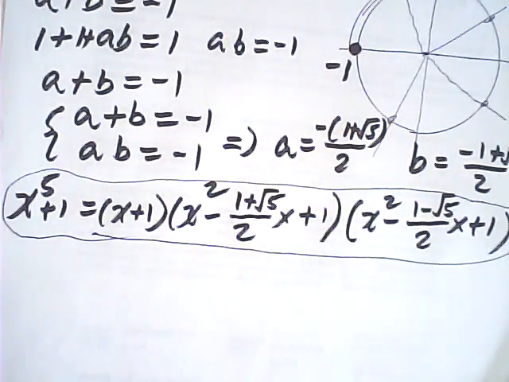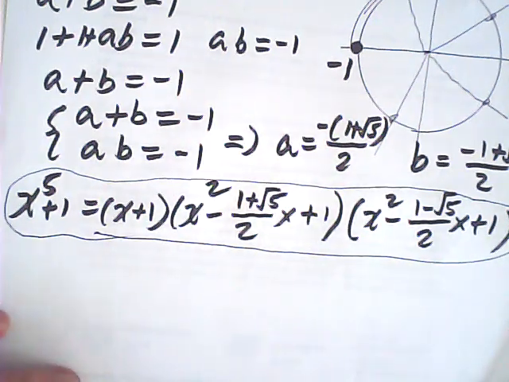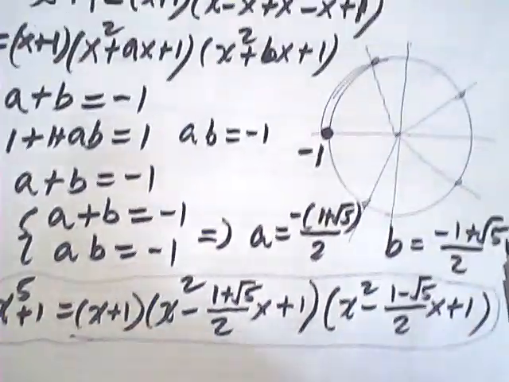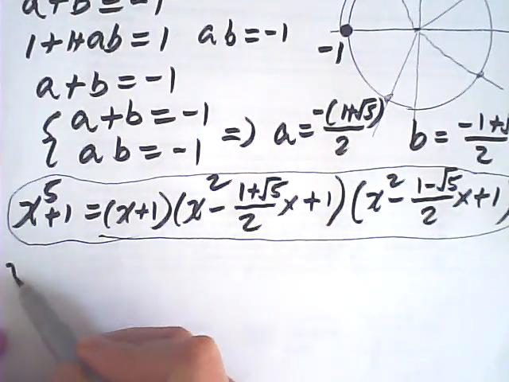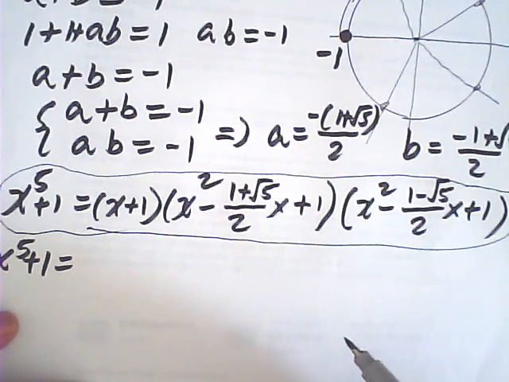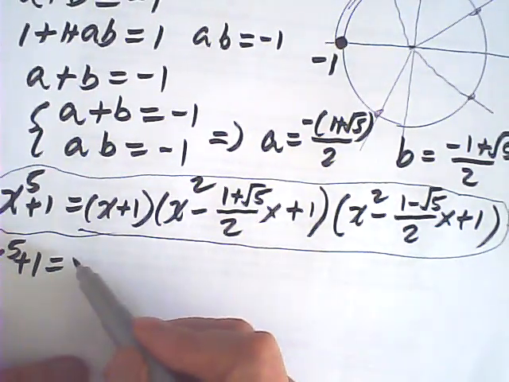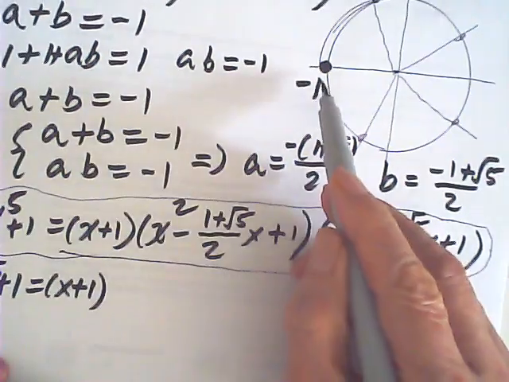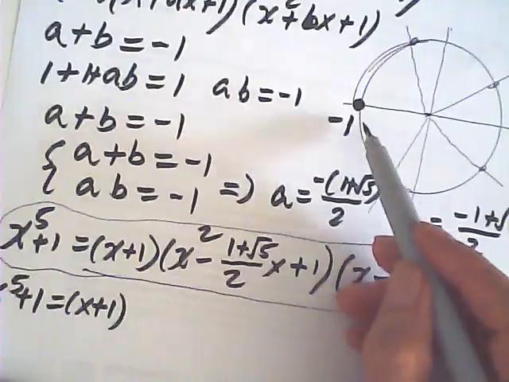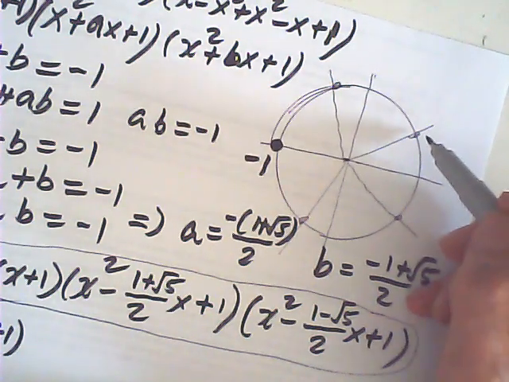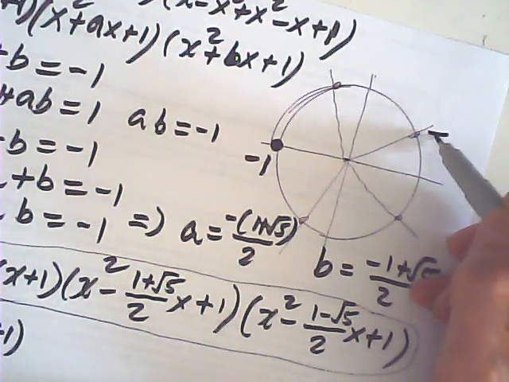That was the first method. Now the second method I use in a different way, okay? Second method is this. The first factor is this, because this is one root. And now this angle is pi over 5.